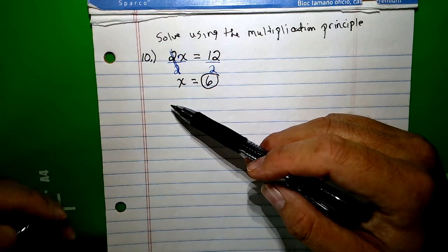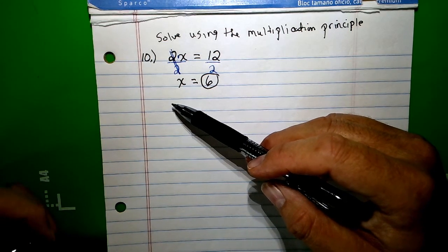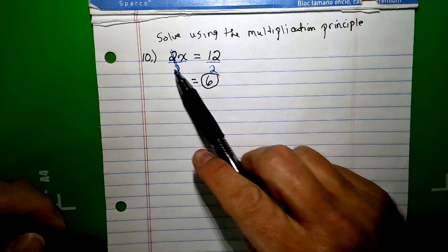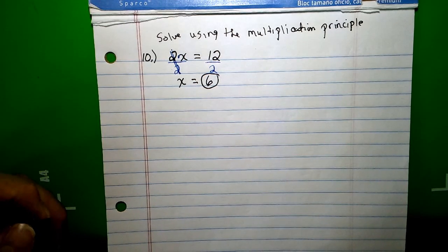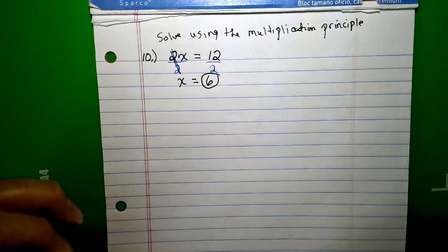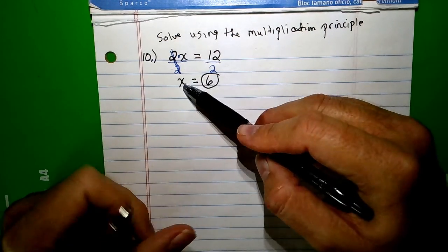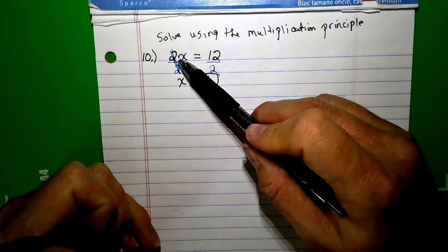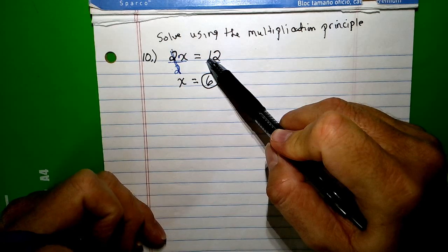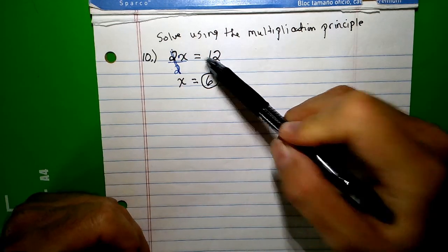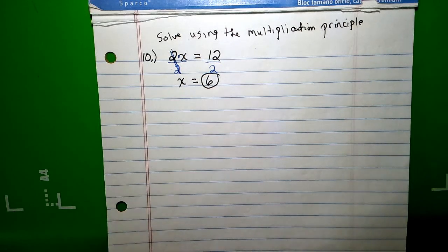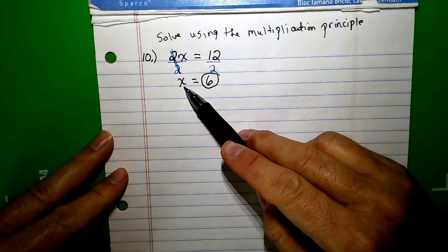So rather than having to call it the multiplication and division principle, it says you can multiply or divide both sides of an equation by any number you want. Why did I divide by 2? Well, check this and see. If you plug a 6 in here, is 2 times 6 equal to 12? Well, sure. So we're doing the opposite operation to isolate the variable.